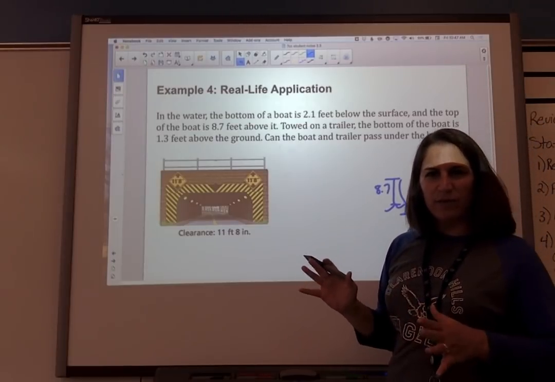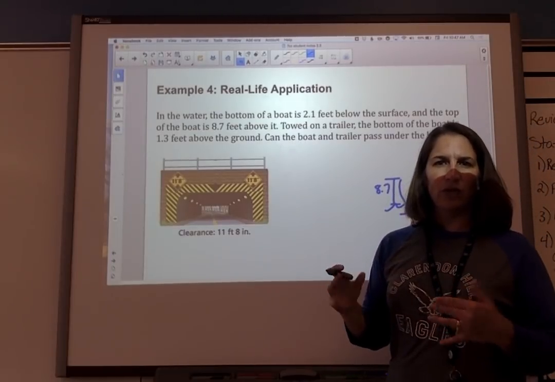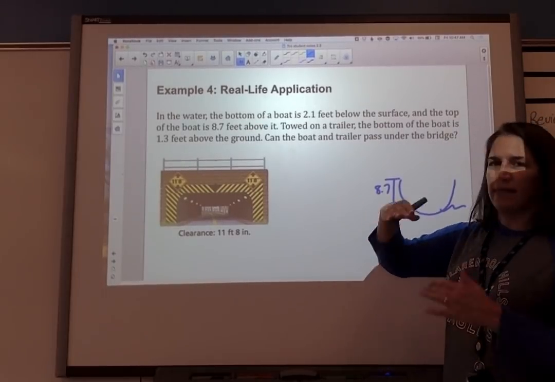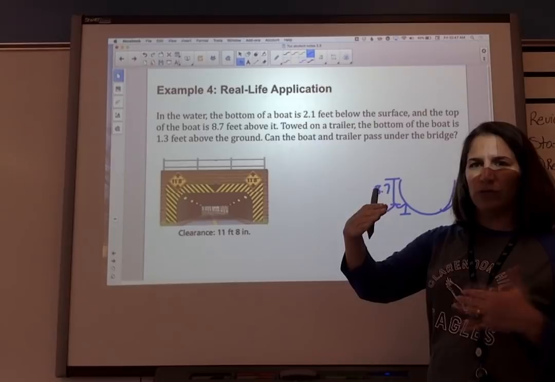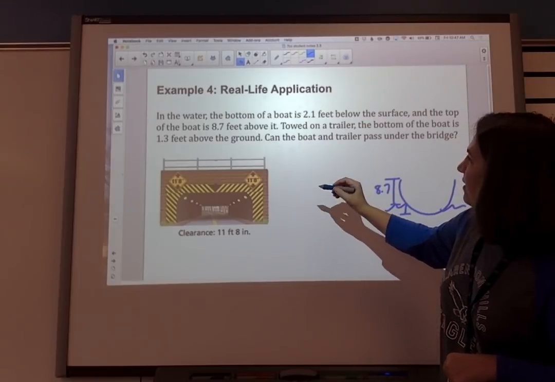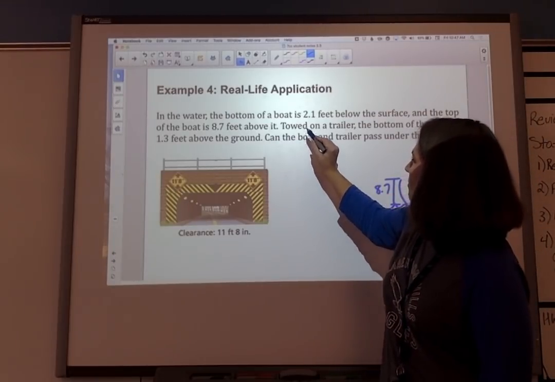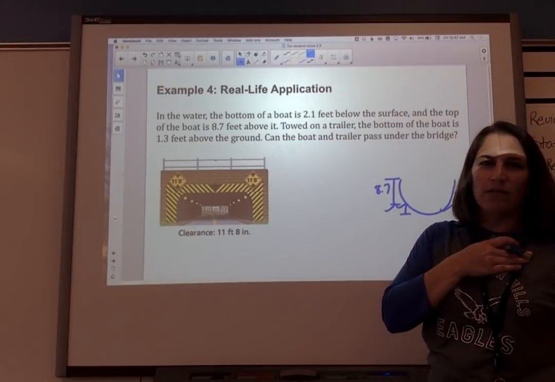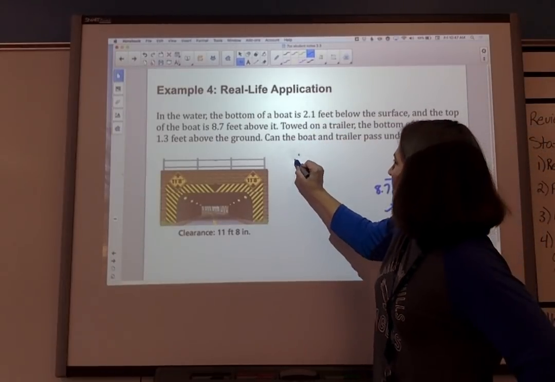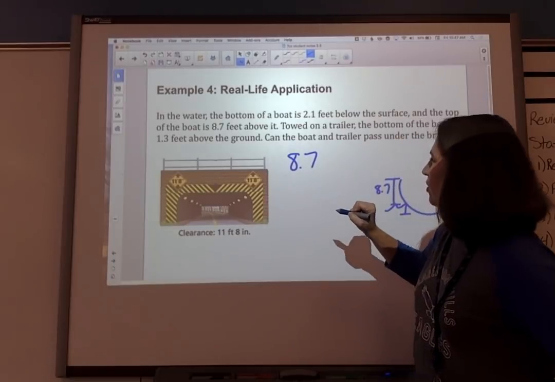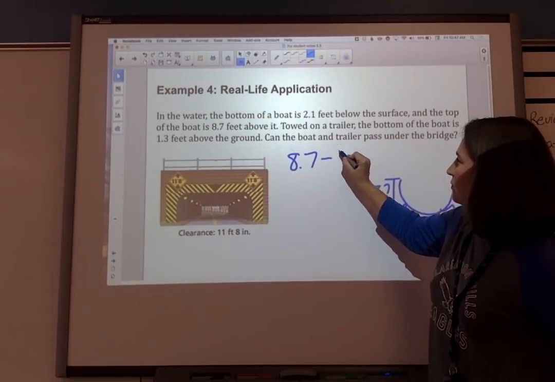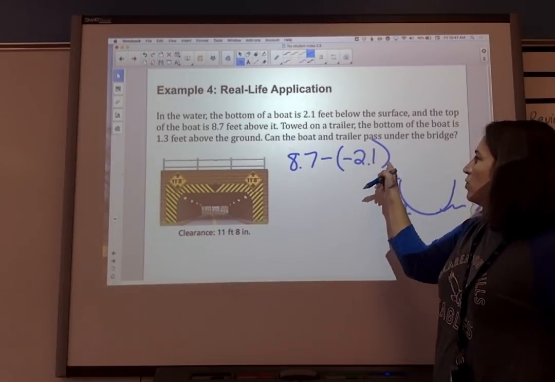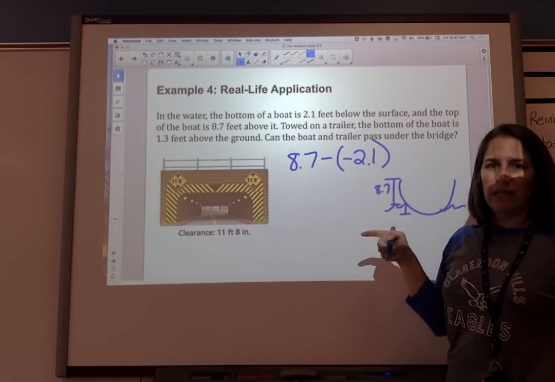Okay, then we've got some information about this trailer too. So let's worry about just the boat first. So if we want to find the height of the boat, we're going to want to add the 2.1 feet below. Okay, so actually we'll set this up as a subtraction problem. So we'll say 8.7, that's how tall it is, minus, we'll take the difference, we'll subtract how far it is underneath the surface.